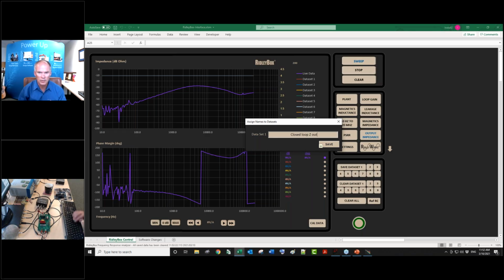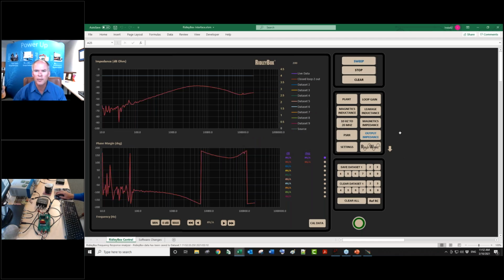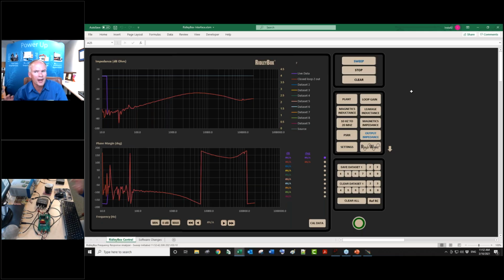Save. All right. Now we're going to sweep it again. So we open the loop. Sweep initiated. And now we're measuring the output impedance of a current mode system with the current loop closed. And that's really important.